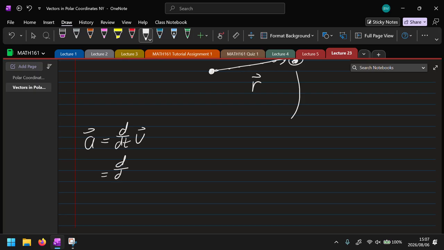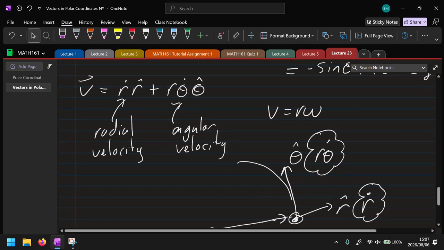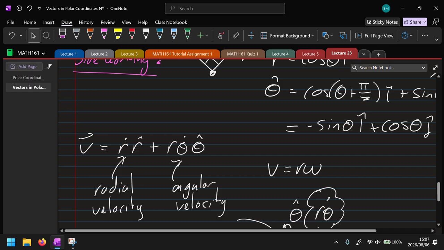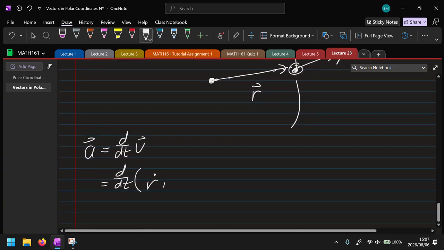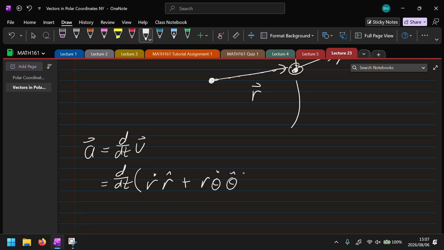So this is going to be d by dt of the radial velocity and the angular velocity. So we need to calculate this now.